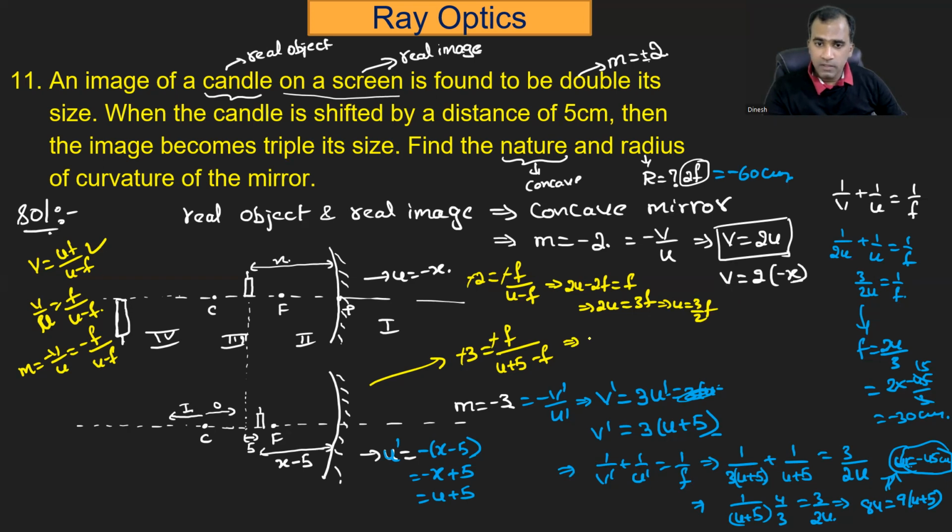So from here, let's send this onto the other side. 3U plus 15 minus 3F is equal to F. Okay. So what is 3F? 3F equals 2U, right? You can substitute 3F with 2U. 3U minus 2U is U, plus 15 is equal to F.